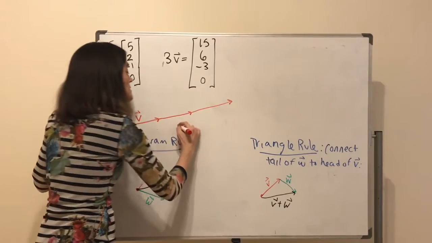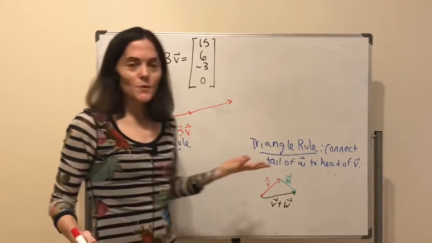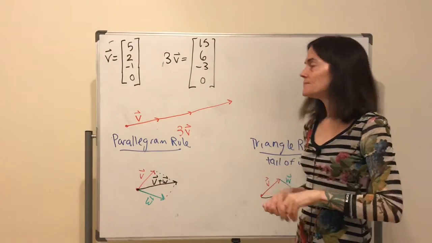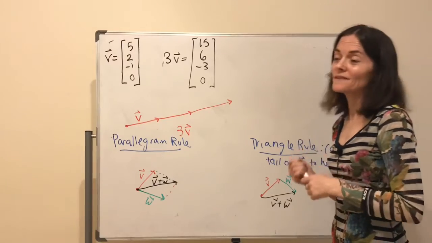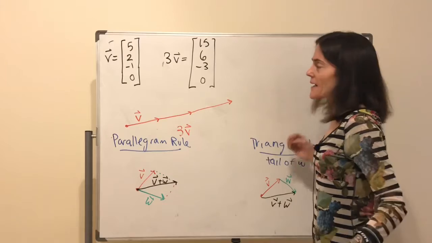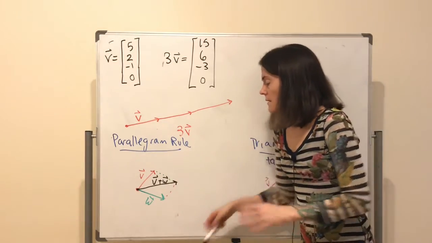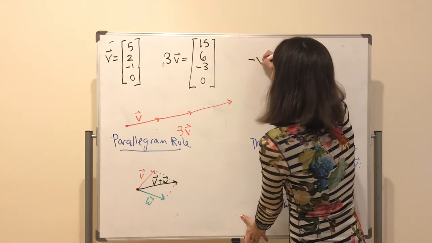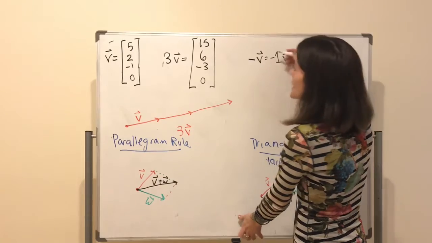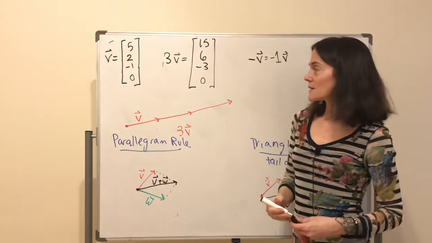This here is 3V, or generally, this would work for any, let's say, non-negative integer multiple of V, but you just stretch it out by a factor of whatever you're multiplying it by, except this, which is an important observation, is technically minus 1 times V. Now, algebraically, you just multiply every single component.